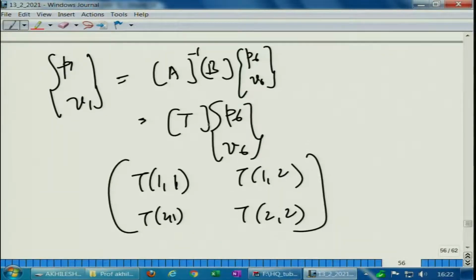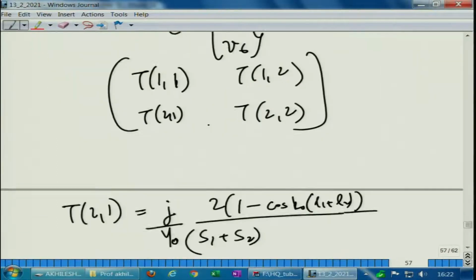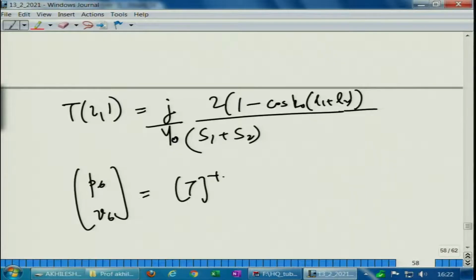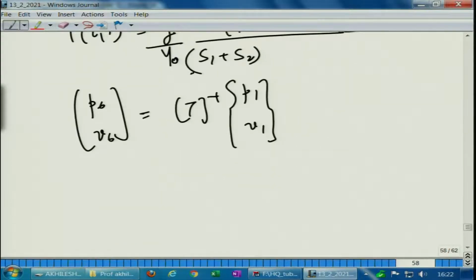Now, if you were to do the opposite, that is relate downstream to upstream, clearly S1 and S2 will occur in the numerator, that is P6 V6. If you write in terms of T inverse, you will get P1 V1. Now, because the S1 plus S2 term is in the denominator for the T matrix, when you invert this T inverse, it will be in the numerator.